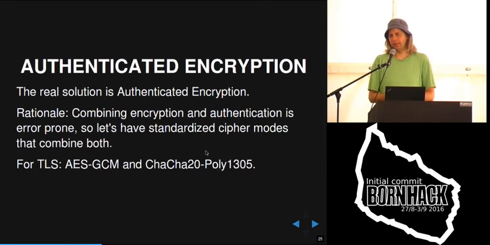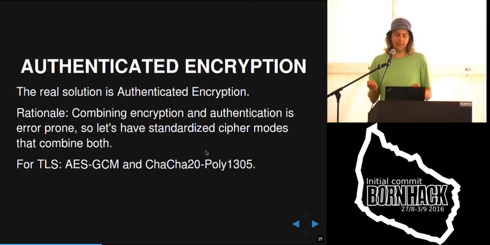And the real solution for these problems is something called authenticated encryption. The idea is, we learned from many examples that when people try to combine encryption and authentication, they very often get it wrong, because there are three main different ways to do it and only one is the right way.